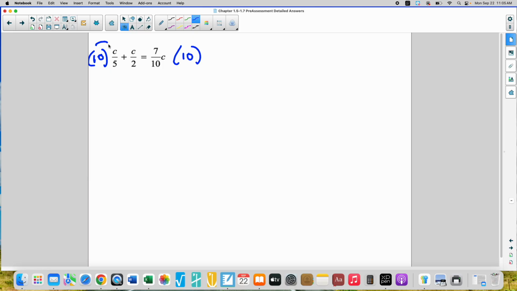So you're going to multiply everything by 10. And 5 is in the denominator, 10's in the numerator. So 5 goes into 10 2 times, and then multiply by your c, which is 2c. 2 goes into 10 5 times, your c is 5c. And 10 goes into 10, leaving you with 7c.